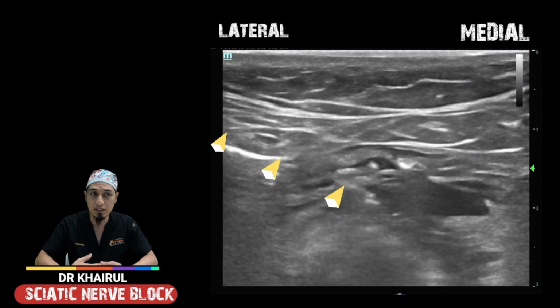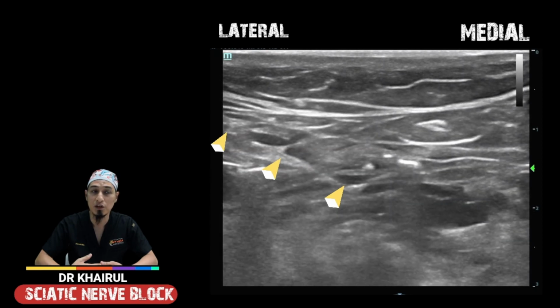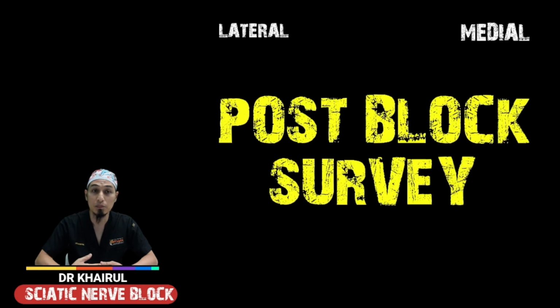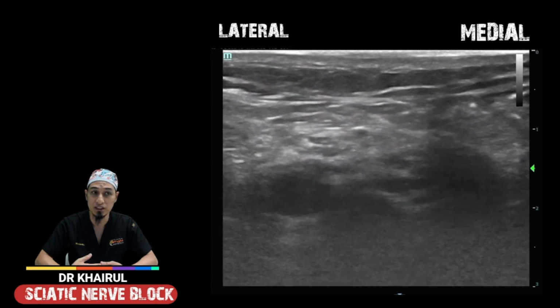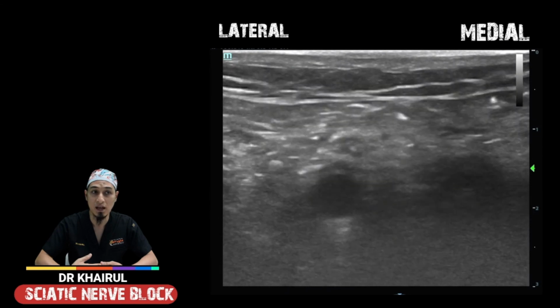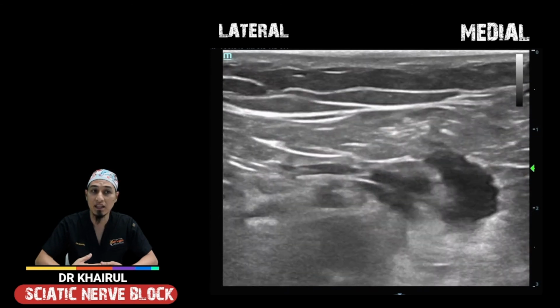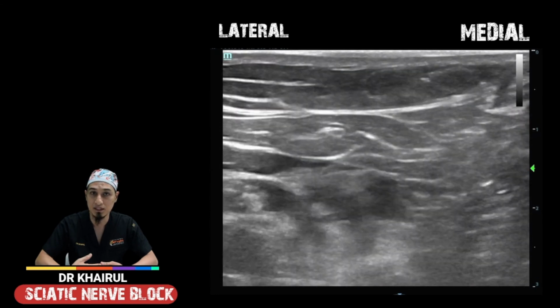If this is seen, no needle repositioning is required and the entire volume of LA can be delivered at this spot. A post-block survey scan can be performed to confirm the absence of nerve expansion and intraneural injection. We also can see here that LA has spread proximally up and beyond the level of the mid-thigh.